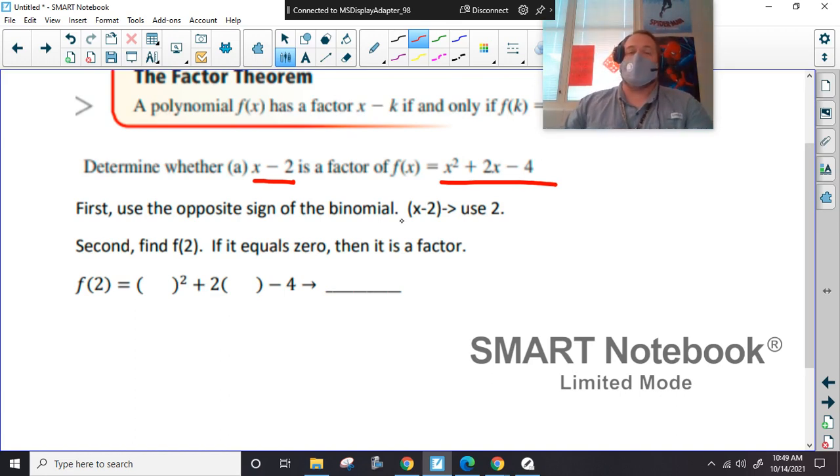So, watch this. Remember how we would put this number in the timeout box? What's the opposite of minus 2? Positive 2. So we take the opposite of this and plug it in everywhere we see x. So we find f of 2. Plug in 2, plug in 2. This becomes 4.